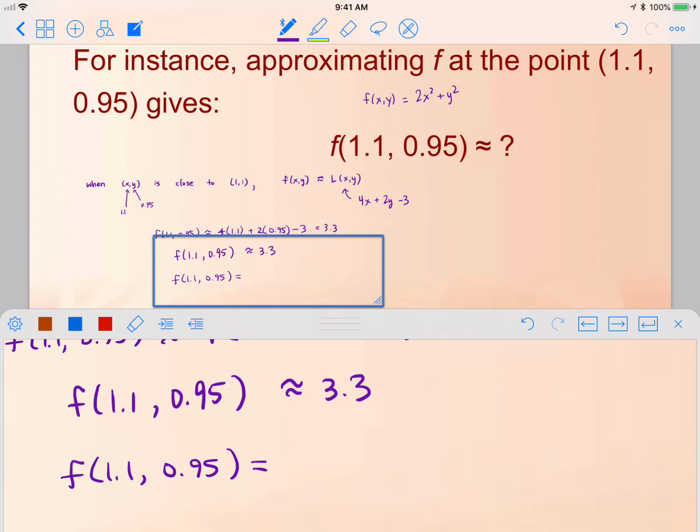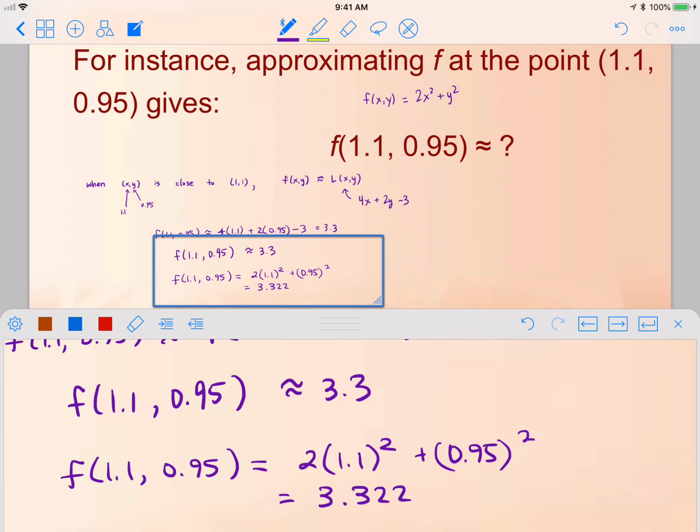So now it would be 2 times 1.1 squared plus 0.95 squared, and that's 3.3225. So our approximation isn't that bad, because 3.3 is very close to 3.3225.